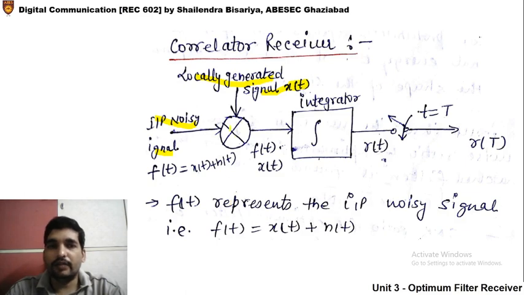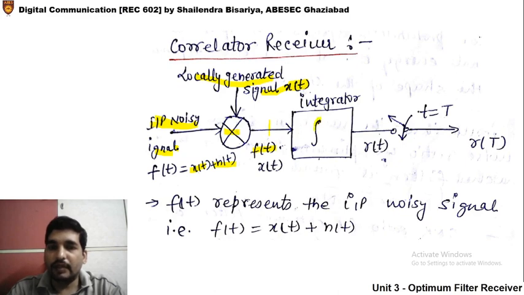In this product modulator, the input is x(t) plus some noise, which is why we call it the input noisy signal. When we multiply these two, we get the output, which we express as f(t).